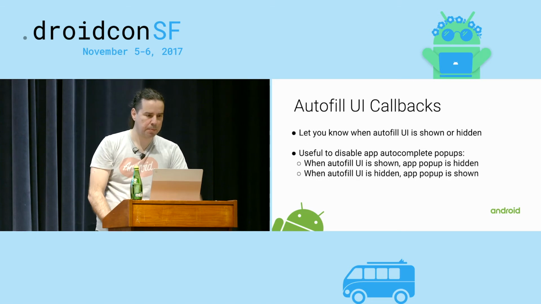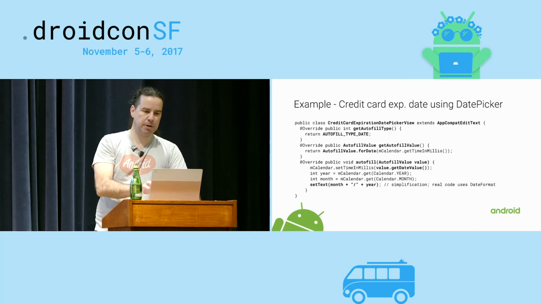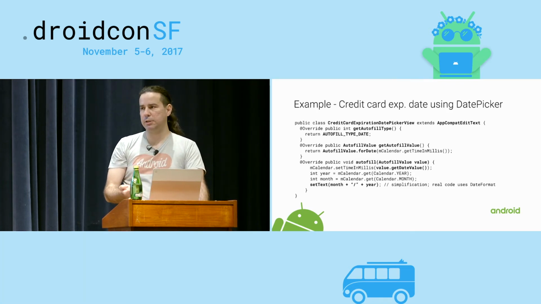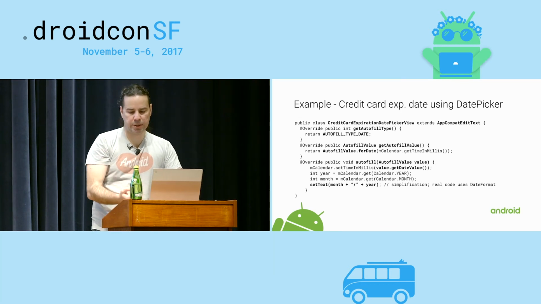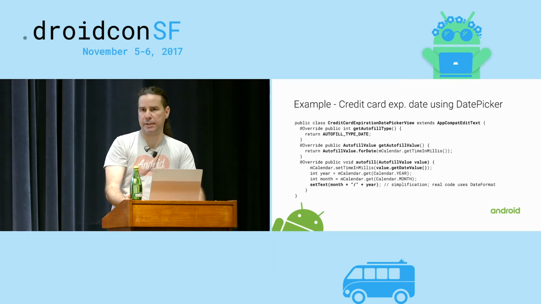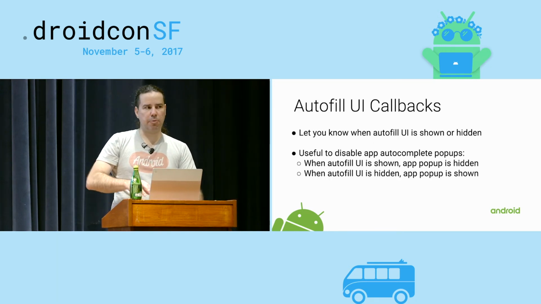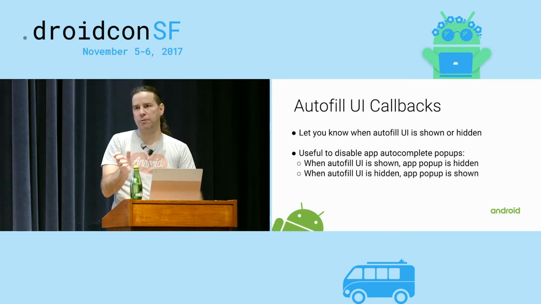Now, these are the typical, most common cases where you might need to optimize your apps or custom views for autofill. There's another callback that we provide that is important, which is the Autofill UI callbacks. Basically, this callback could be used when your app has its own pop-up, your own autocomplete views.